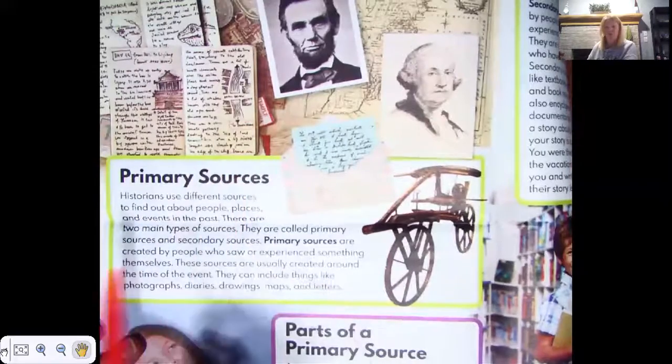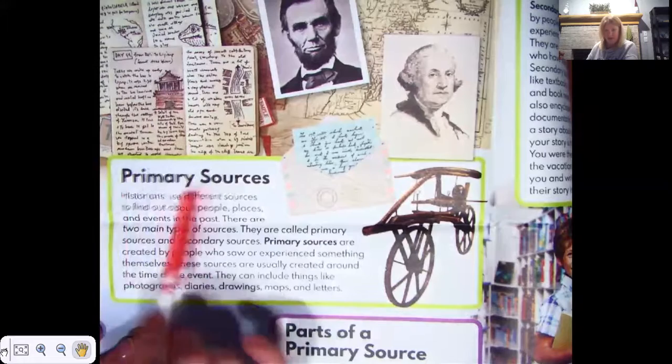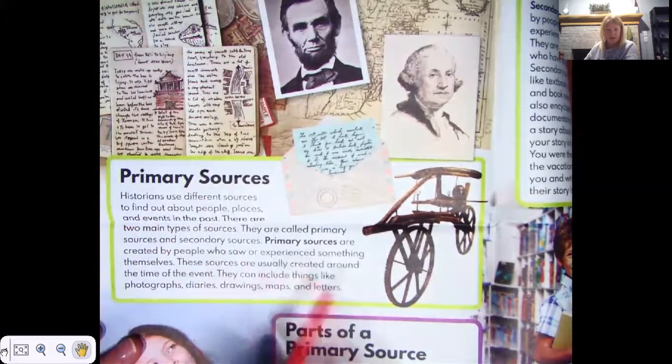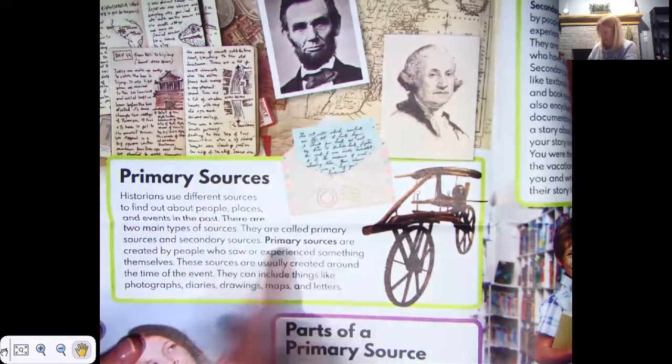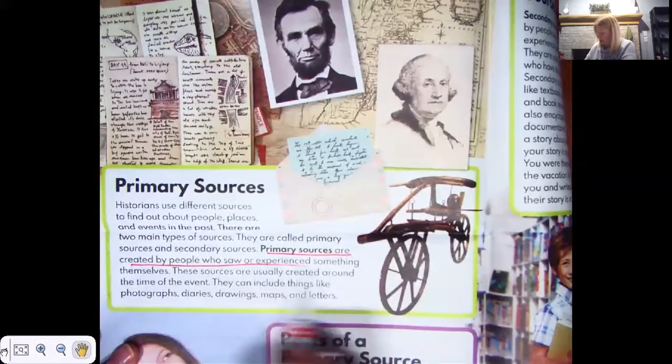So looking at the different sources, there are two main types of sources, okay? Primary sources, which you're going to find on this page. You're going to read about it. I'm going to just skip to the main idea here. Primary sources are created by people who saw or experienced something themselves.